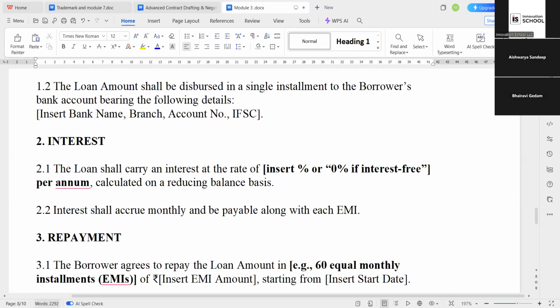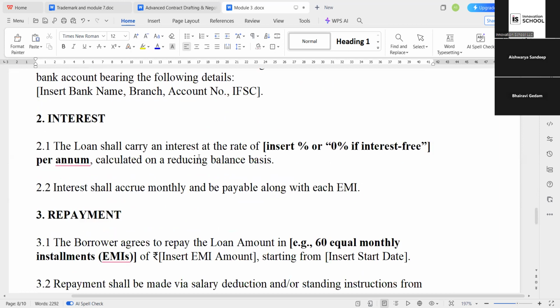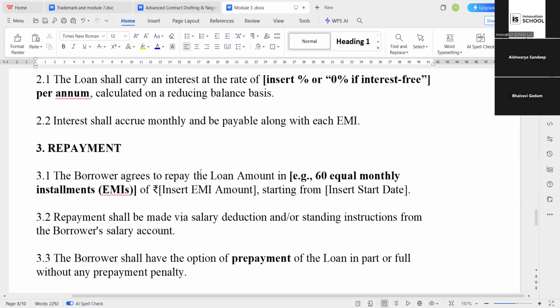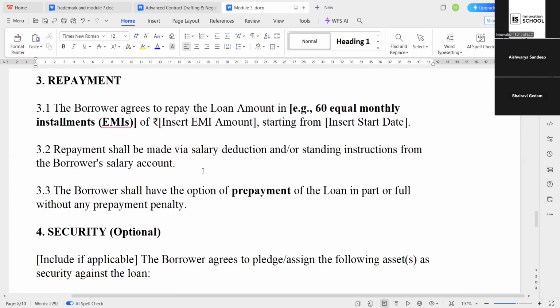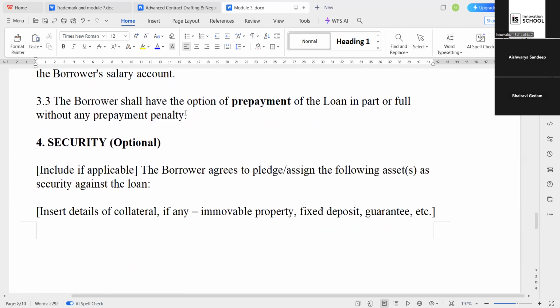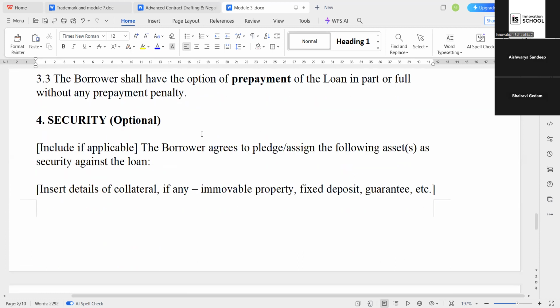It will carry an interest rate of whatever percentage per annum, or it's an interest-free loan, and it will be accumulated and payable along with each EMI. Now he agrees to repay the loan amount over the agreed duration, with the number of installments and other details shared. Repayment will be made via salary deduction, and the borrower will have the option of prepaying the loan in part or in full without any prepayment penalty.